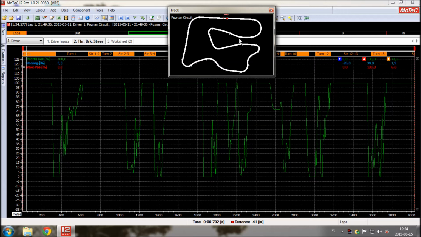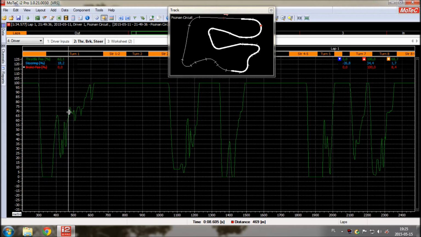Okay, so what can we see? We are approaching the first corner, which by the way is very important. You can lose or gain, usually lose, a lot of time taking this corner the wrong way. So only on this main straight with the first corner and this straight here you can lose a lot of time, believe me.